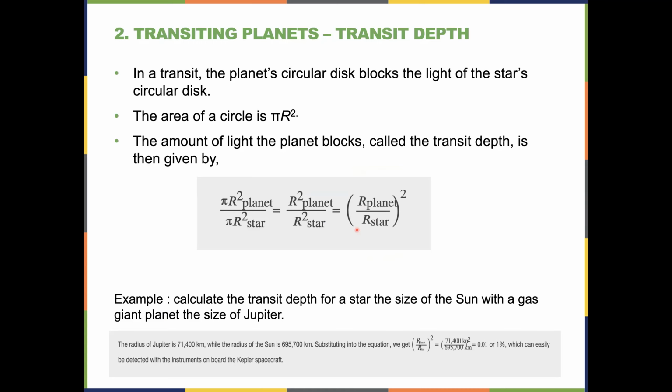So when you look from one side, there is a circular disk of the planet that blocks the circular disk of the star. As you know, the area of a circle is pi r squared, and from that we can calculate the amount of light that the planet blocks, and this is called the transit depth, right?